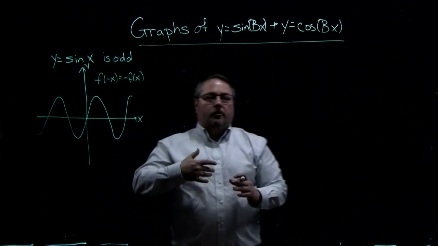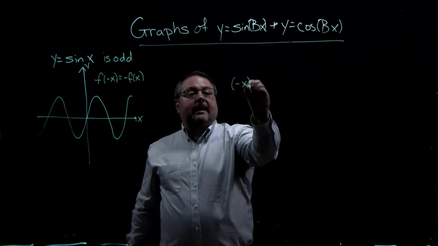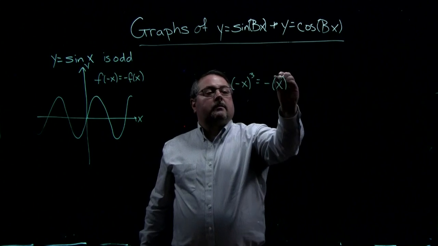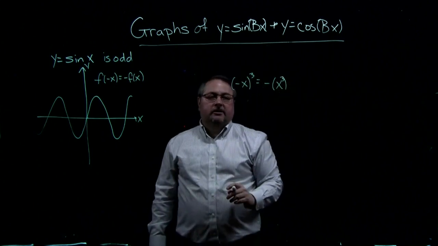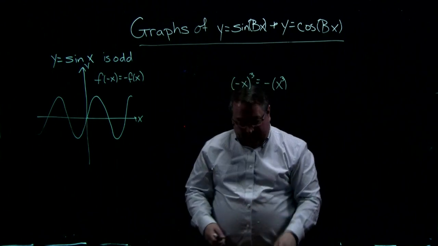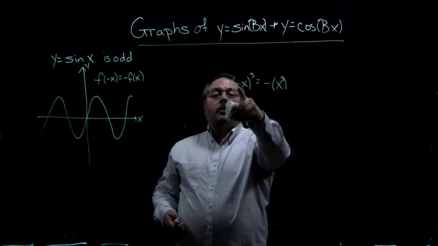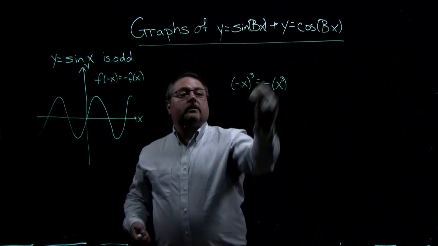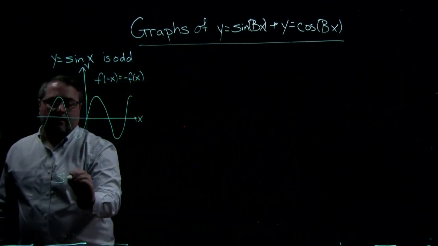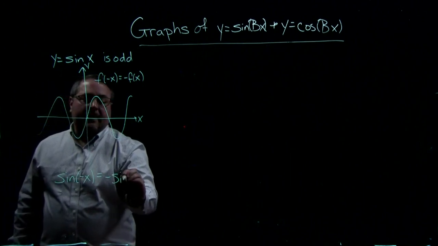So for example, if you look at the function x cubed, and you instead take negative x cubed, that is clearly the same as the negative of x cubed, because either way, you're taking x cubed and multiplying it by -1. So for an odd function, if you have a negative inside the function, you can actually pull it out. As far as we're concerned, this means that the sine of minus x is equal to negative the sine of x.